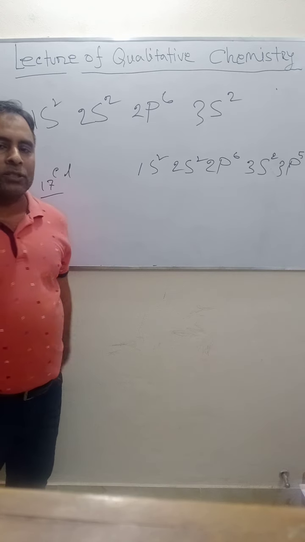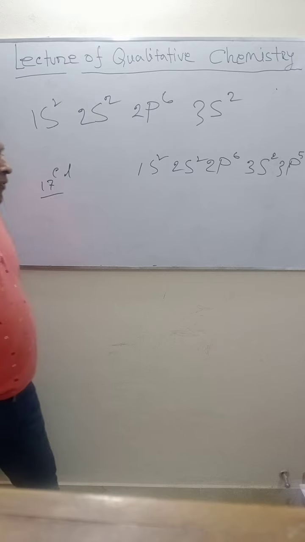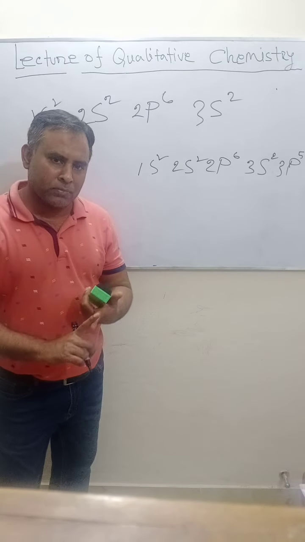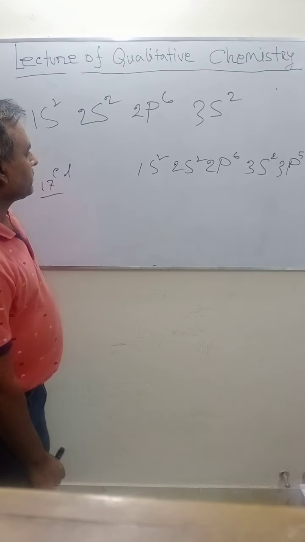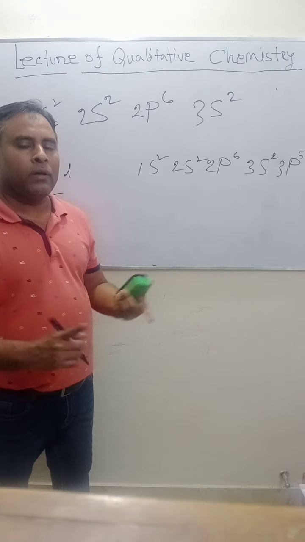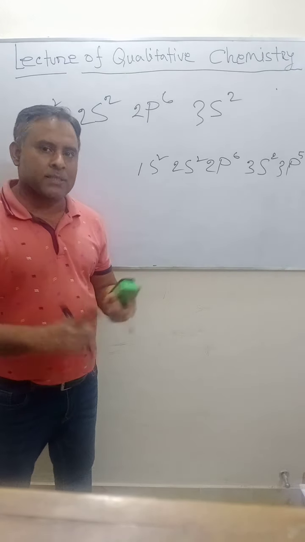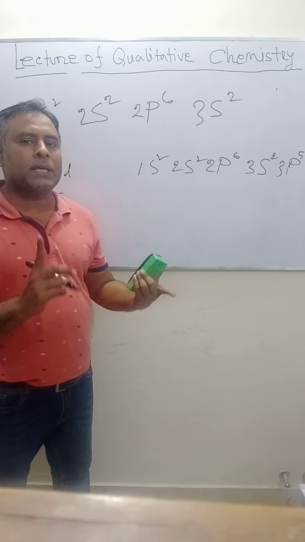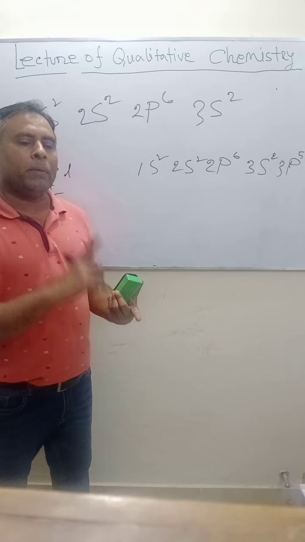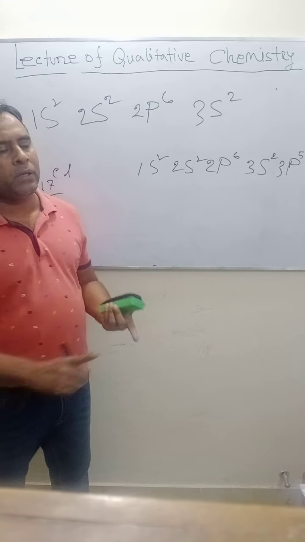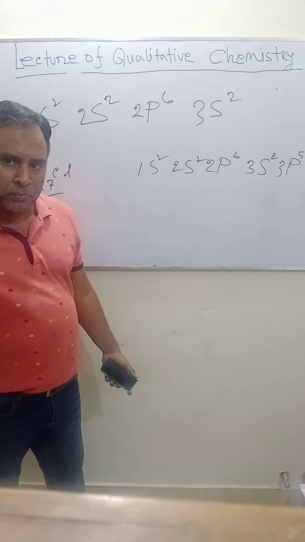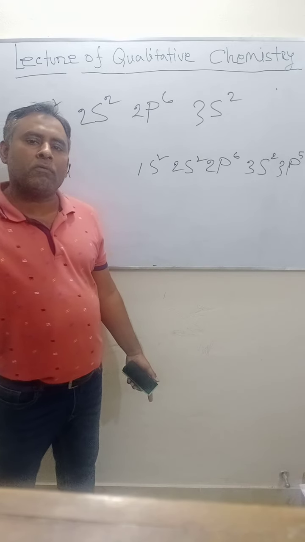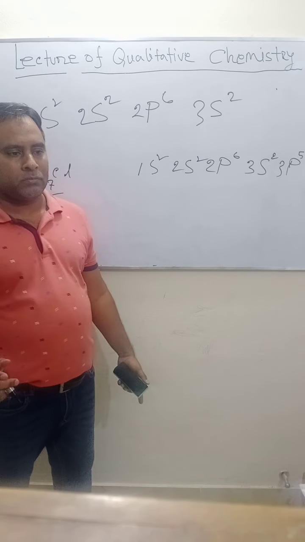This is a very easy system. So firstly you have to memorize my tricky system: SSP, SPS, DPS, DPS, FDPS, FDPS. S should start from 1, P from 2, D from 3, F from 4.